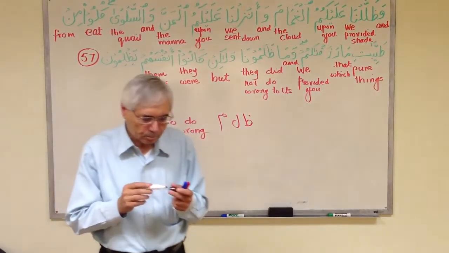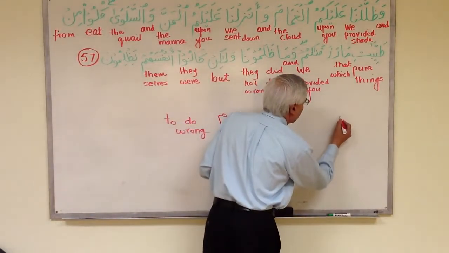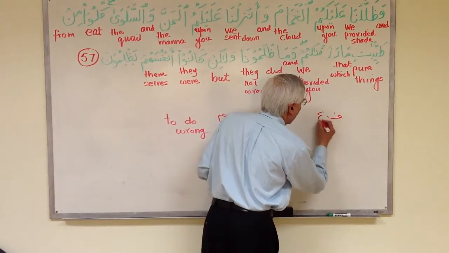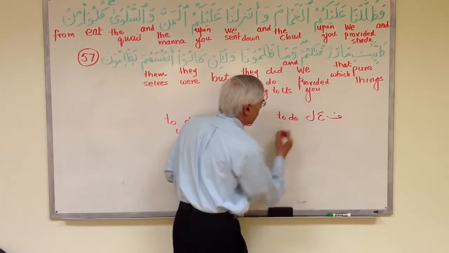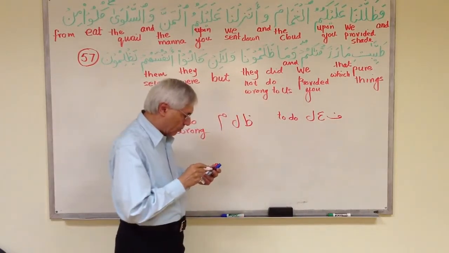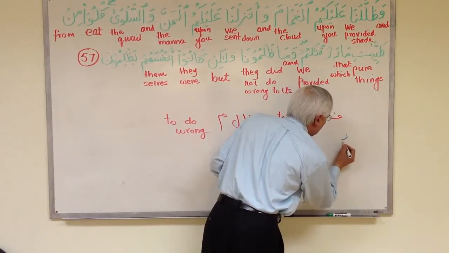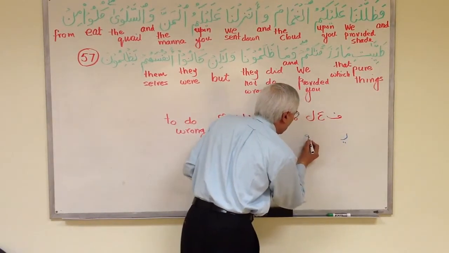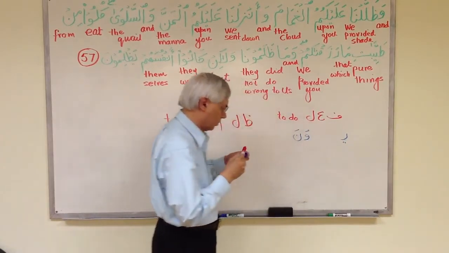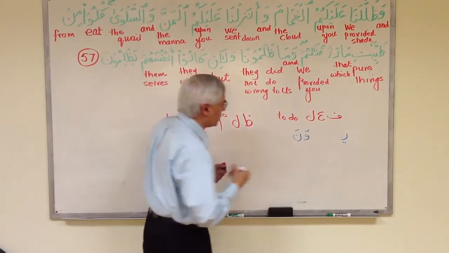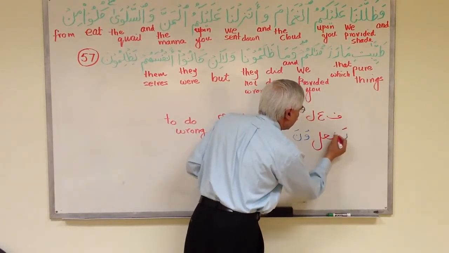Now going back to the simple rule of grammar again, if you have fa and lam, which means to do, and if you put a ya in the beginning and una at the end, this is yaf'aluna.